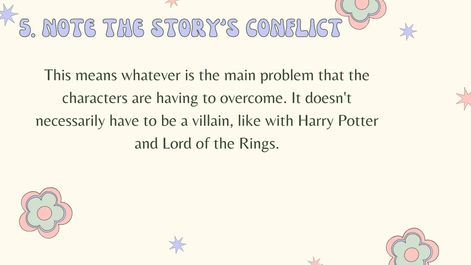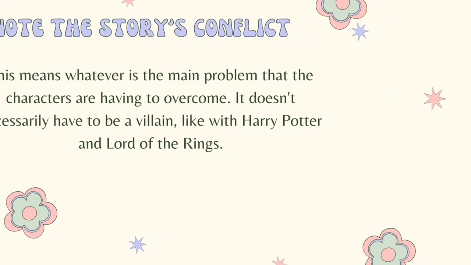In examples like Harry Potter and Lord of the Rings, the challenges the characters face are diverse and can include internal struggles, societal issues, or even nature-related obstacles. It broadens the scope of conflicts beyond a simple hero versus villain scenario.